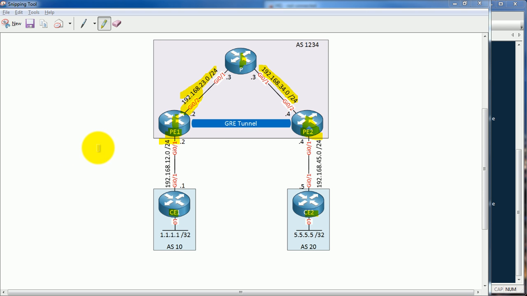eBGP configuration. Let's continue by configuring eBGP between C and PE routers.